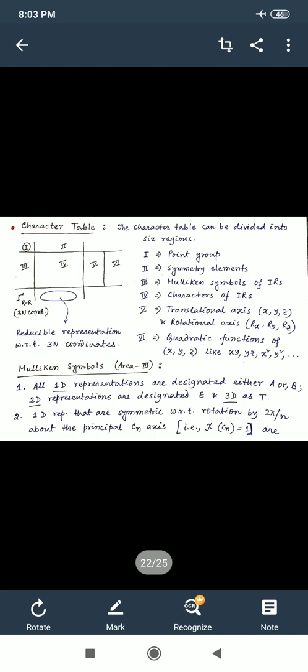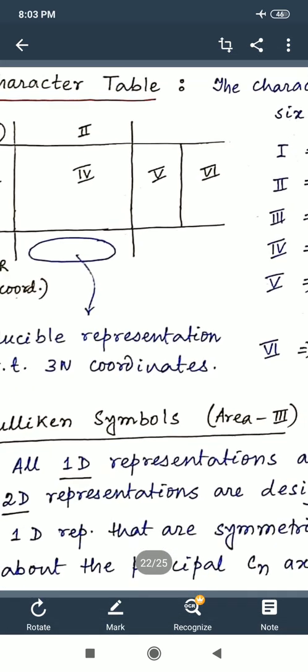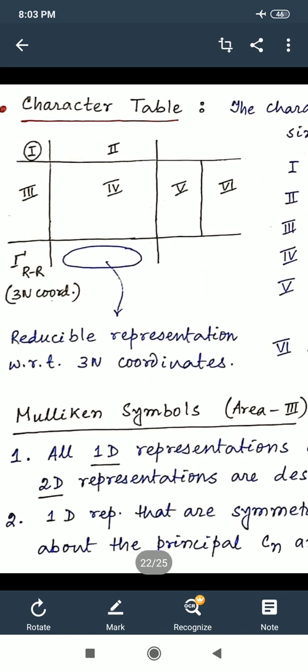So now in this class I want to discuss the character table first. So what is the character table? Just look at this picture, that is the character table. I have divided our character table into 6 regions, written in Roman numerals 1, 2, 3, 4, 5, 6.